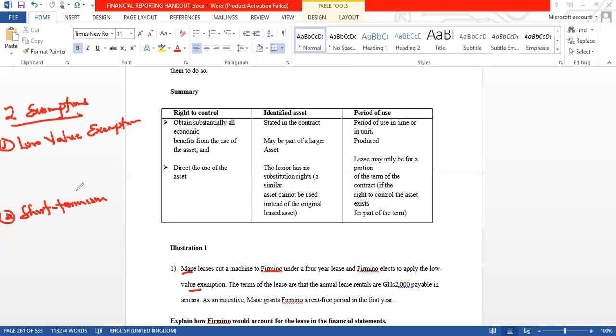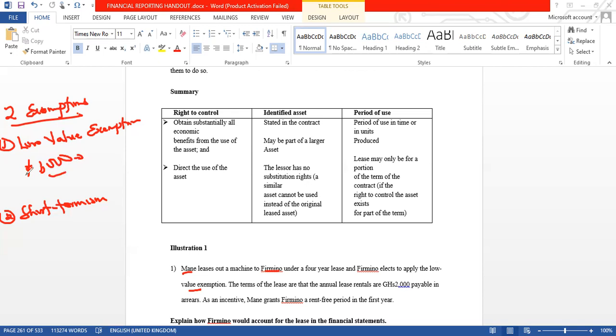For example, if you are going to rent somebody's building, that normally merits lease recognition and measurement. But say you rented a thing for, let's say, 1,000 Ghana cedis. This value is so low to treat it under the concept of lease, so whatever it is, you can post it as an expense directly.